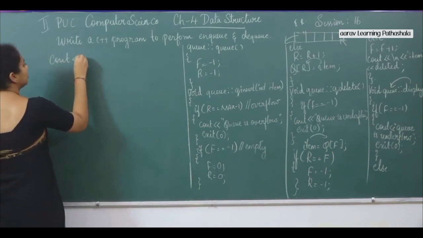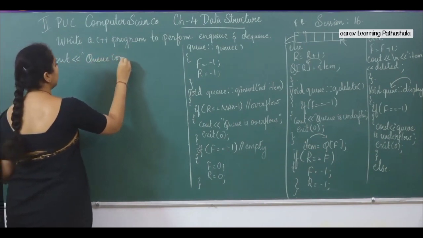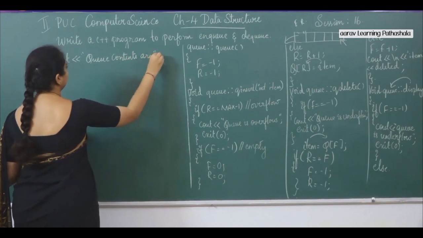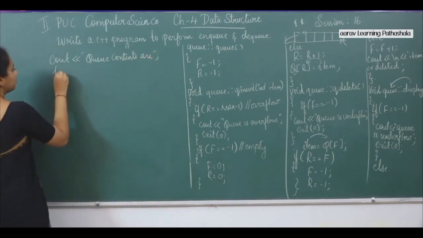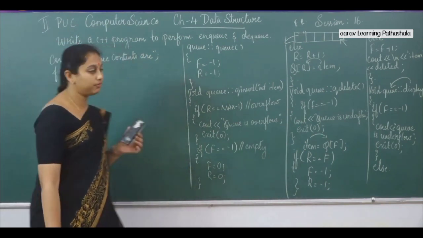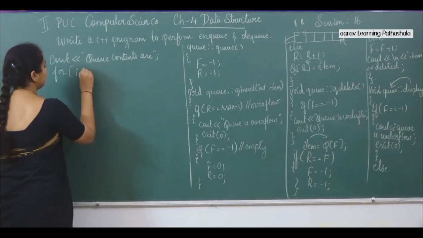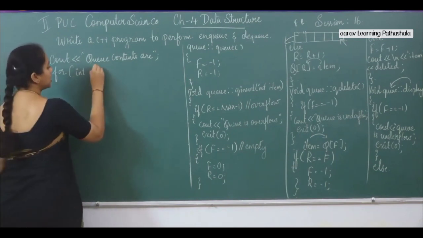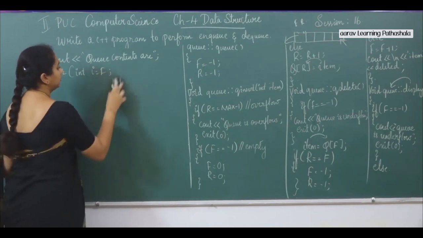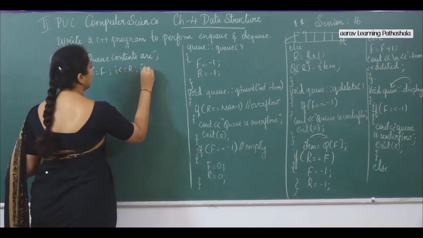Cout "Q contents are". Using a for loop, we are going to print the items of the queue: for int i = f; i <= r; i++.